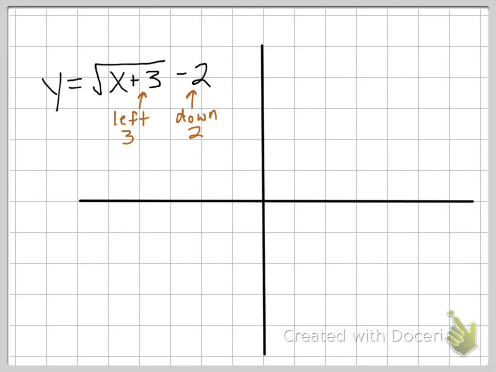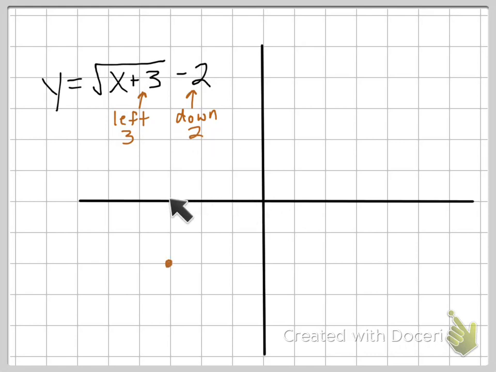And in the k spot, I have a minus 2, which tells me down 2. I know that because this is a radical function, it's one of those half parabolas on its side. So the vertex, so to speak, starts at the origin, so it needs to go left 3 and down 2.